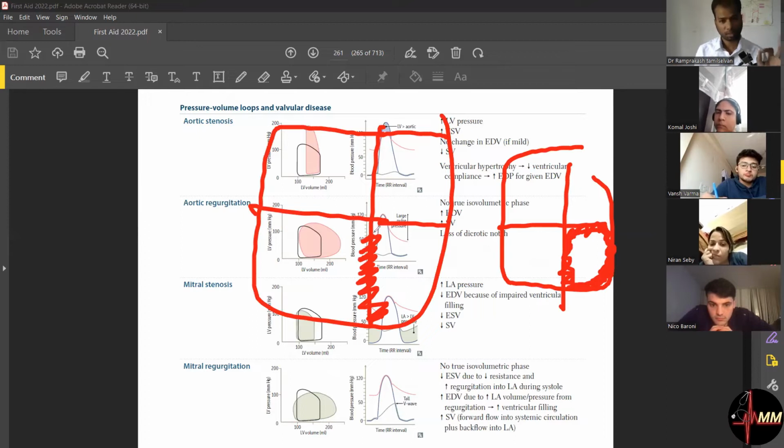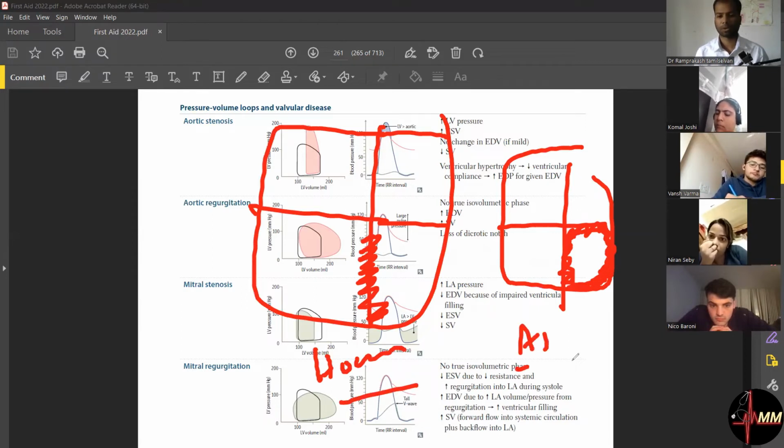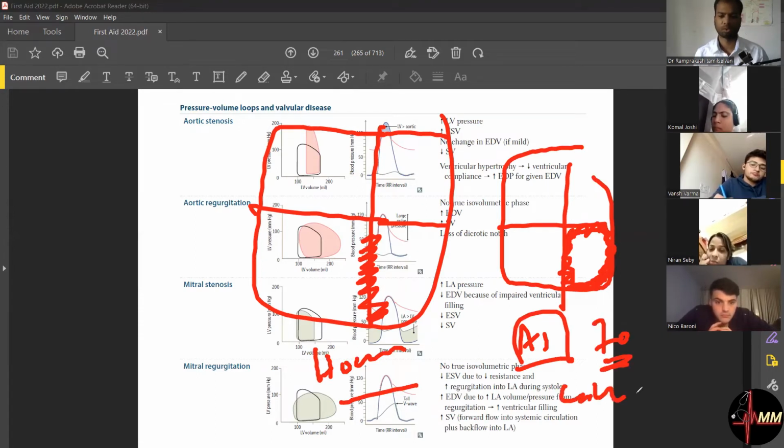But the interventricular septum is the main culprit for HOCM. And for aortic stenosis, the age is usually more than 70, and it's due to calcification from wear and tear.